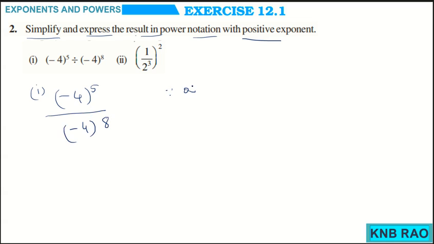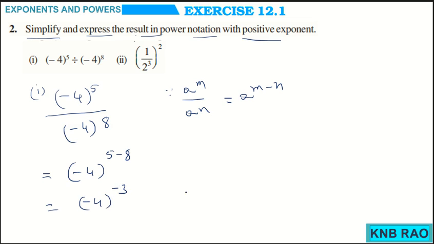Using a power m upon a power n as a power m minus n, the law of exponents, we can write this as minus 4 whole power 5 minus 8, where 5 minus 8 gives us minus 4 whole power minus 3.